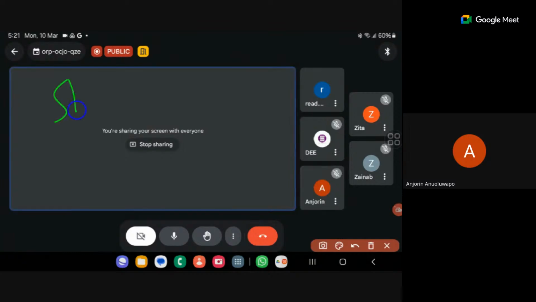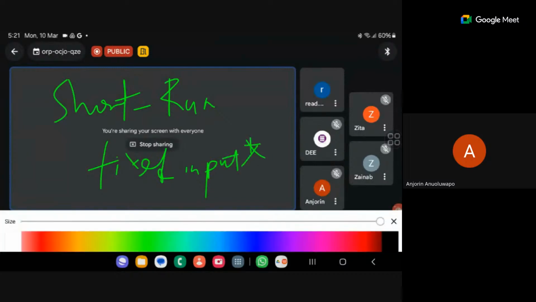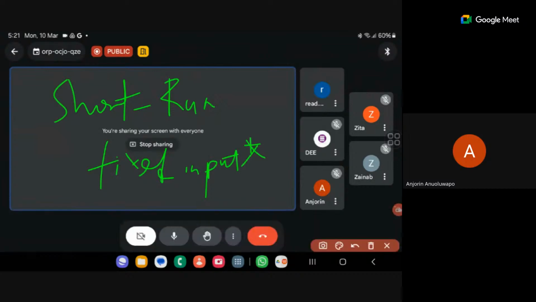Again, what is the short run, or short term? Short run is a production period that is not long enough to vary the fixed input. So the available time can only be used to increase or decrease the quantity of the variable input.